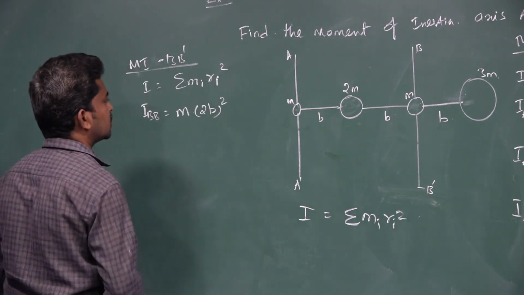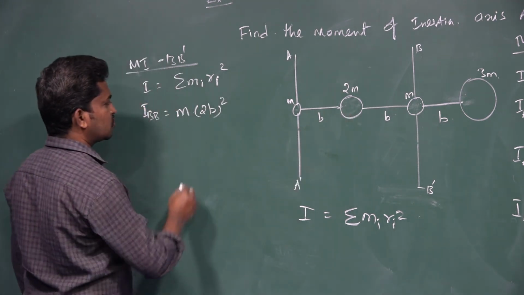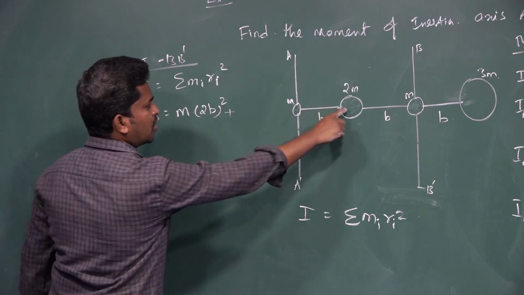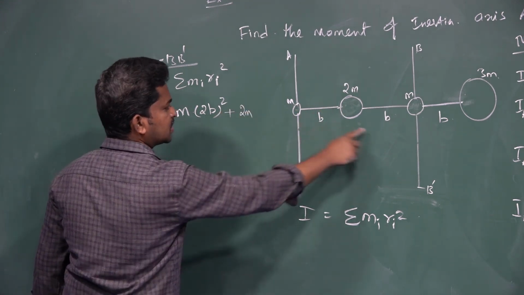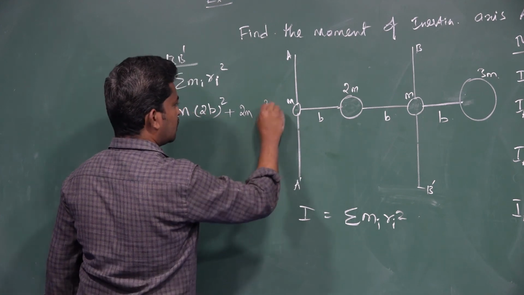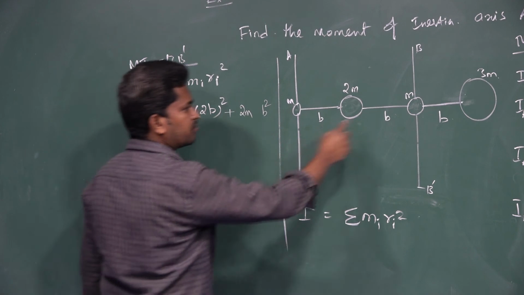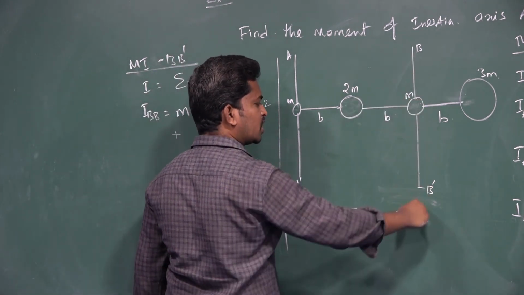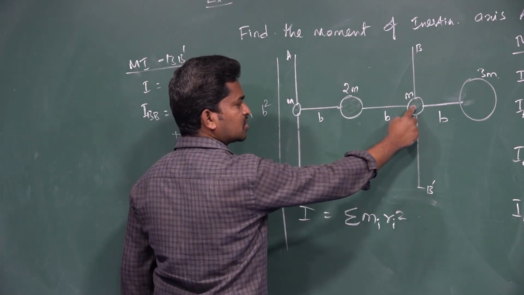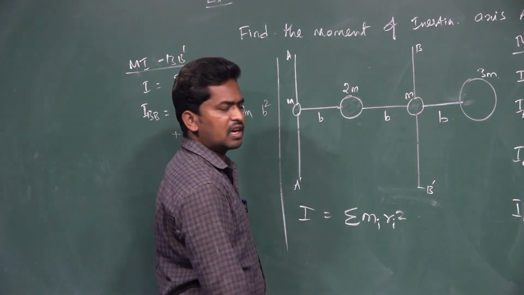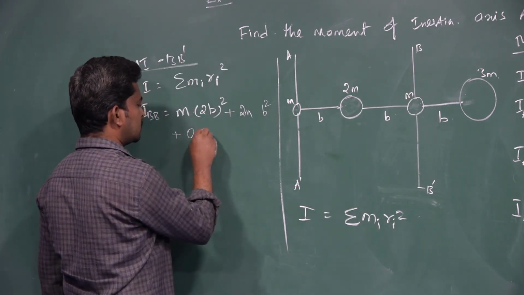The second point mass is 2m at distance b, so 2m b square. The third point mass m is placed on axis B dash, so r is 0 and its moment of inertia is 0.